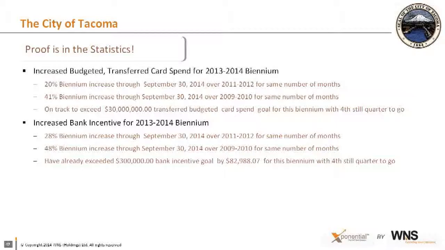And then just look at the stats for the revenue share, 28% over the 11-12 biennium, 48% over the 2009-2010. We've already exceeded the 300,000 bank incentive goal set by the finance department by 82,000, and that's with the fourth quarter still to go.